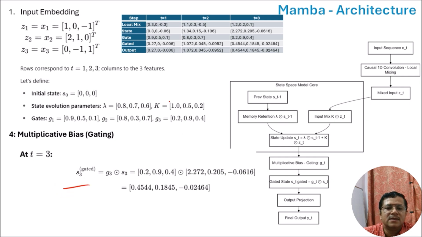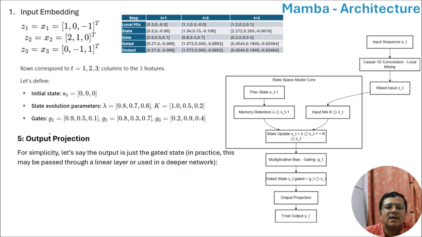So here this is the S3 value. Finally we will get the S1, S2 and S3 output, and after that our task is output projection. Generally we use the linear output projection.